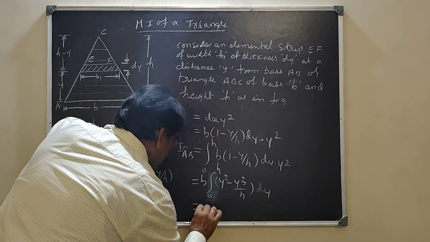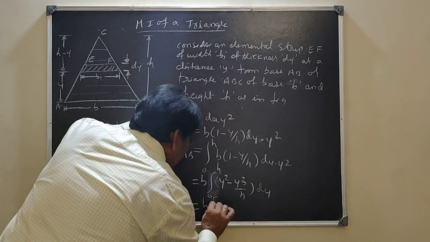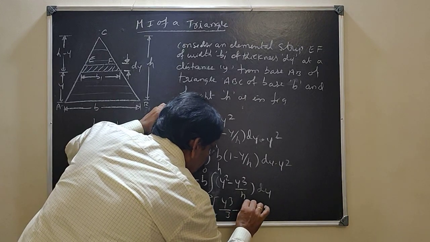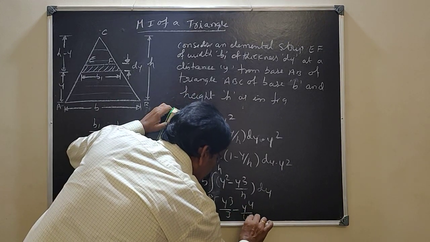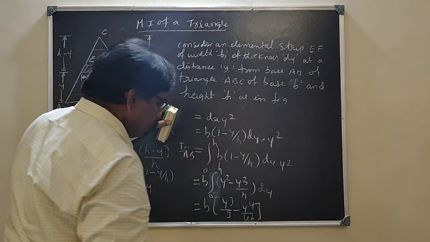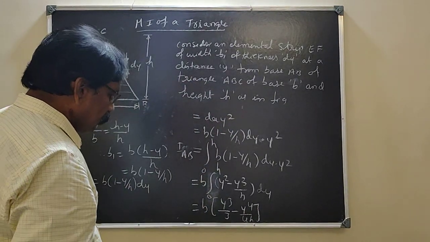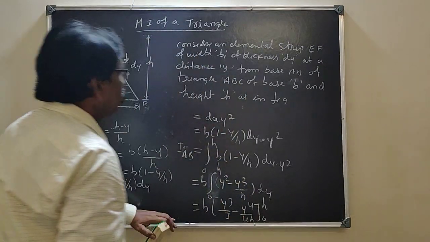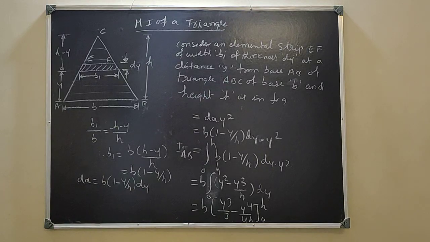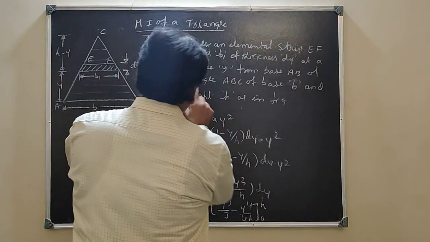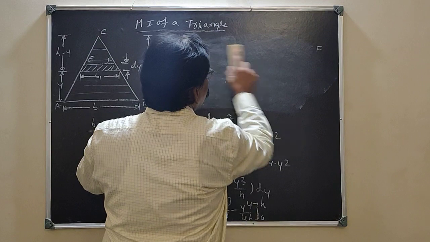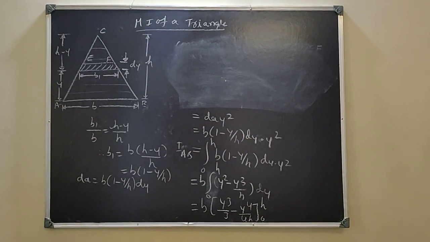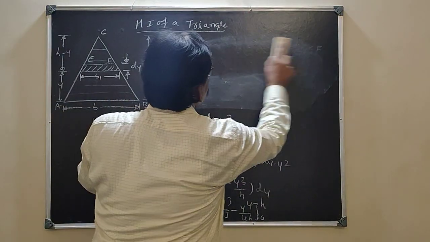On integration, B into y cube divided by 3 minus y4 divided by 4h, between the limits 0 to h. Now further simplify.